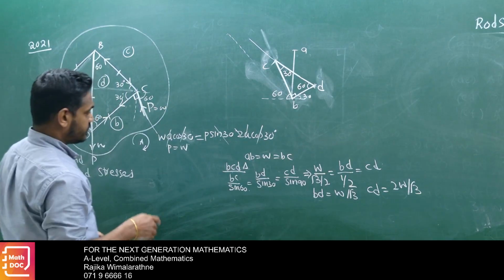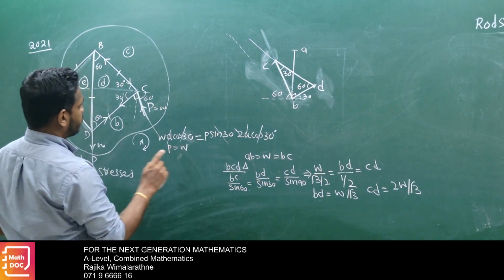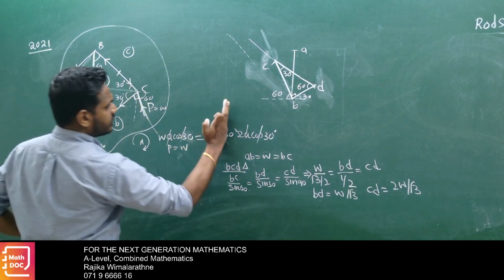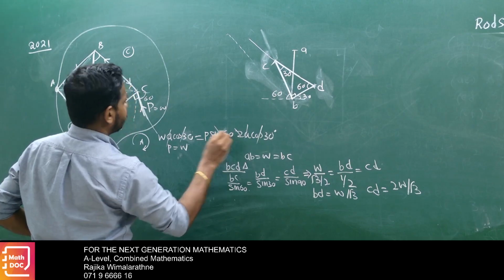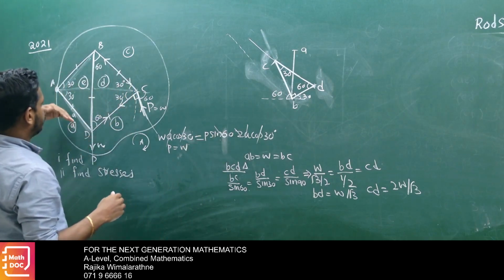Check this value. This is somewhat wrong. P sin 60, no? P sin 60 times 2A cos 30.